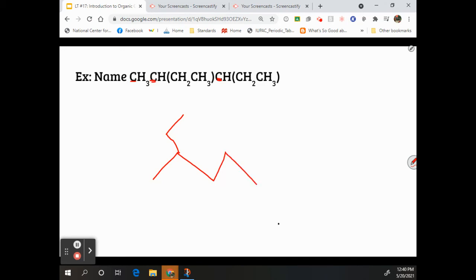So you'll notice that when I drew this, all of a sudden, my longest chain grew from 3 to a lot longer. And now I've got to figure out where my longest chain is actually going to be. So I can number this way, and I can go 1, 2, 3, 4, 5. Okay, so that's 5 carbons. I could also go 1, 2, 3, 4, 5, 6.